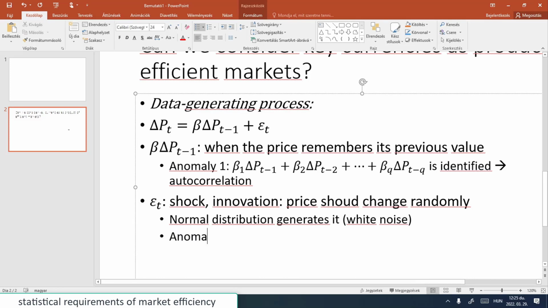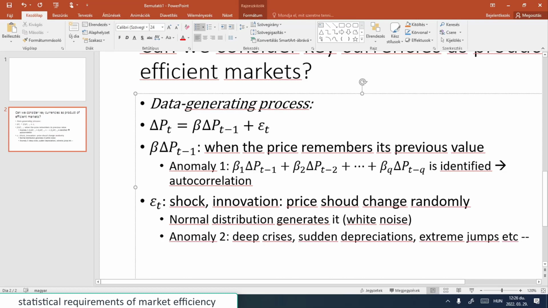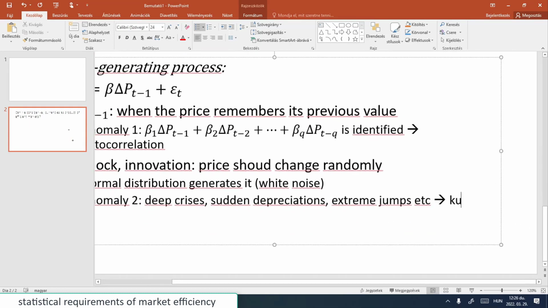The second is the anomaly: the crisis, sudden depreciations, so currency exchange movements, etc. Mostly we can find kurtosis, so the fourth moment of the standard deviation is way bigger than 3, which is what it's supposed to be.